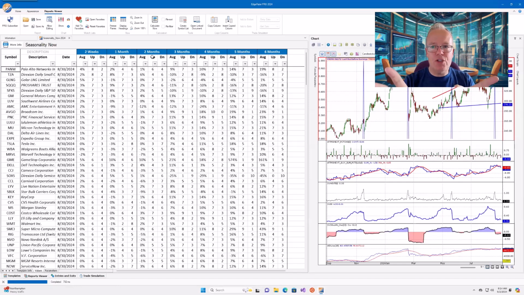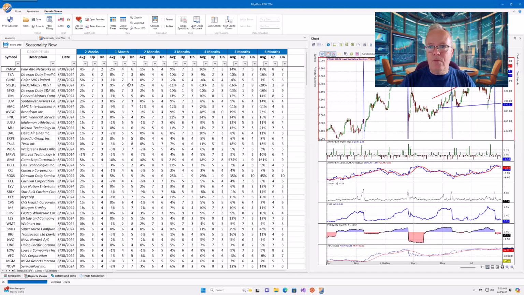Now that's been changed, and so it's always going to take the last bar before the 30th, the closing price. That's your base price, and then it's still going to use the close price 2 weeks later to figure out the percentage move. So that's a small change. But you may notice some of the numbers are a little different if you run this report today compared to last weekend.